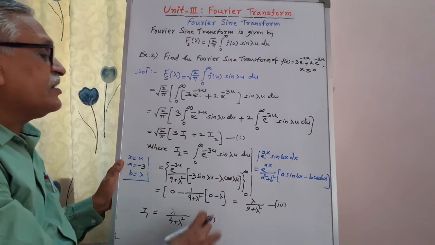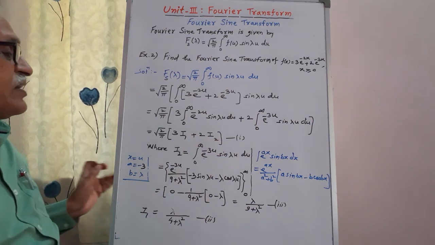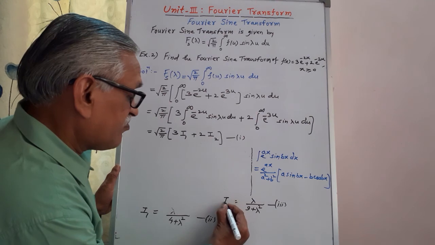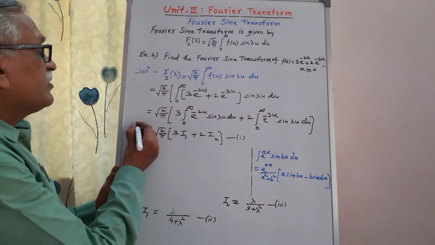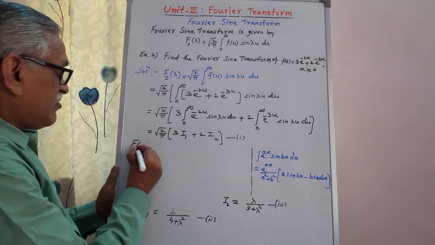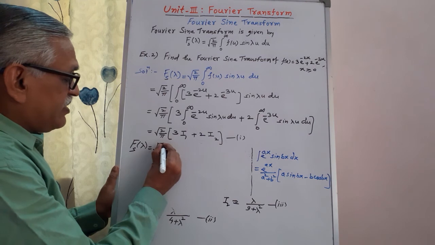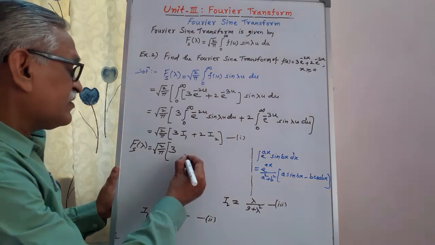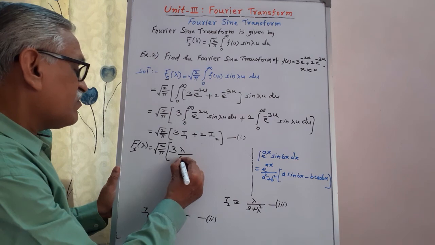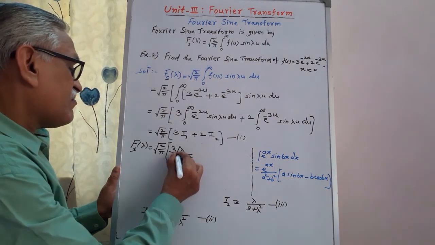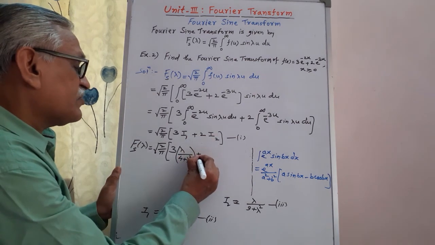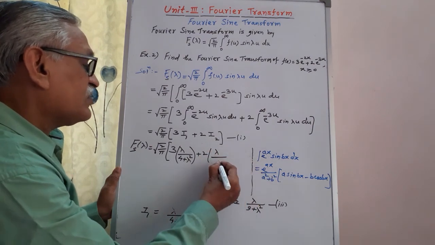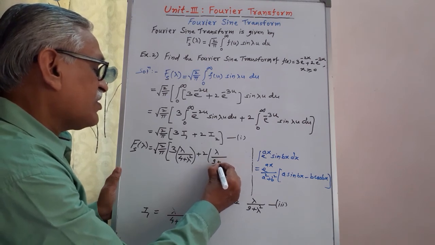Using equation 2 and equation 3 in equation 1, equation 1 becomes Fs(lambda) equals root 2 by pi, 3 times I1, the value of I1 is lambda divided by 4 plus lambda square, plus 2 times the value of I2, the value of I2 is lambda upon 9 plus lambda square.